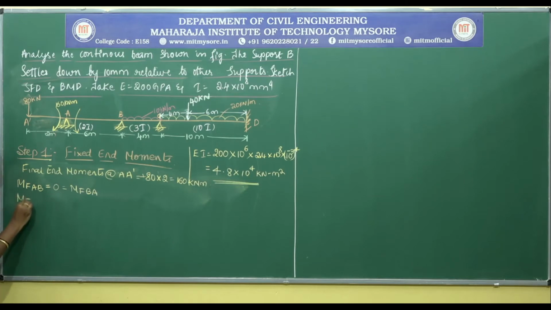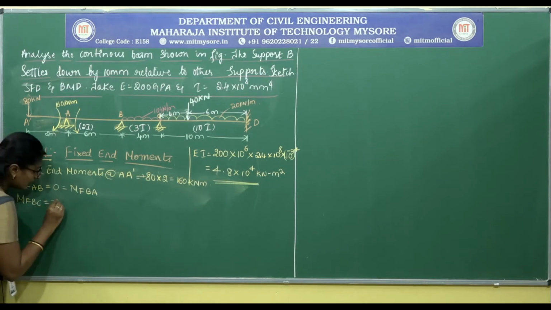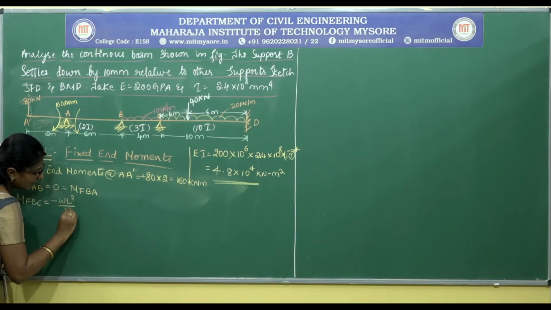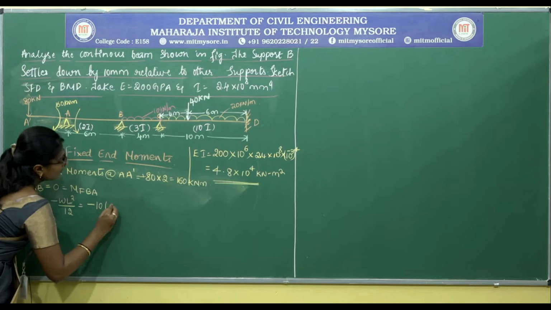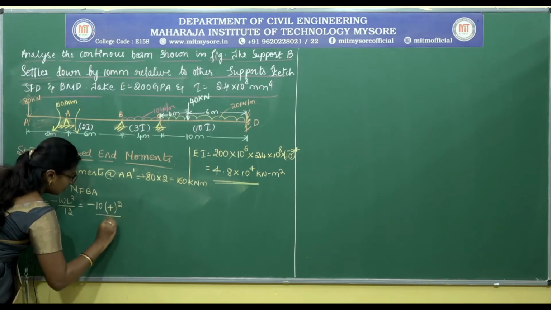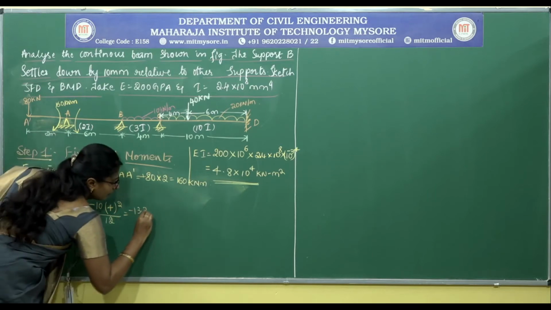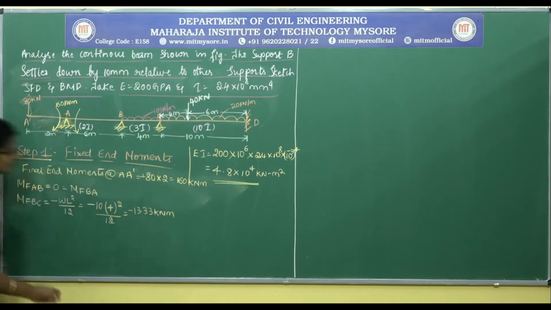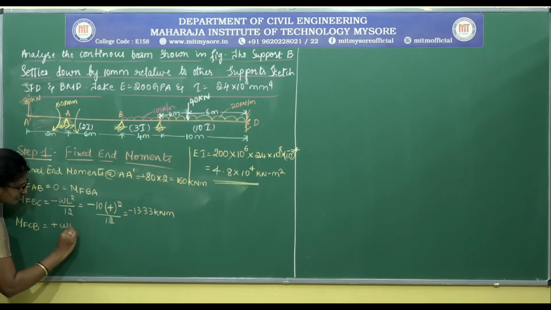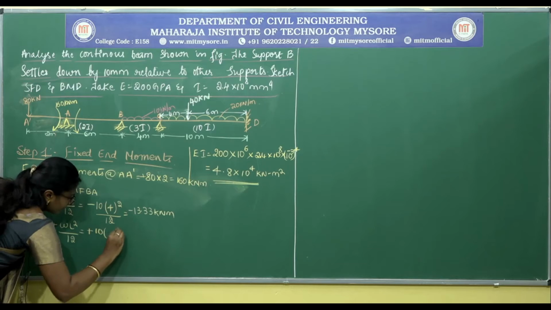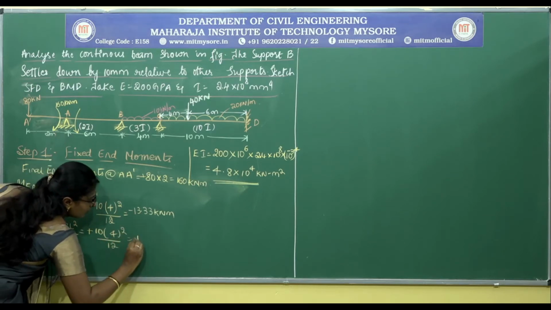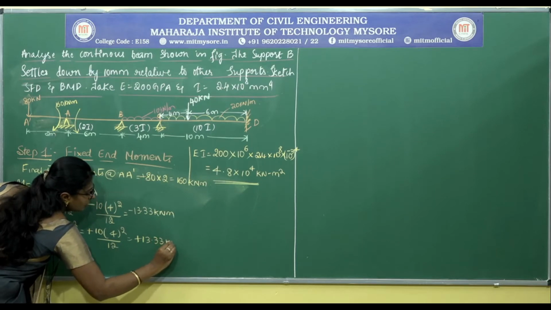Next, for span BC, MFBC, since the load acting here is UDL, is equal to minus WL square by 12, which is equal to minus, what is the load acting? 10, length is 4 meters, divided by 12, minus 3.33 kilonewton meter. Then MFCB is plus WL square by 12, plus 10 into 4 square by 12, which is equal to again plus 13.33 kilonewton meter.